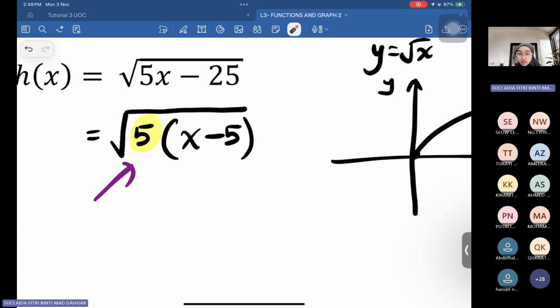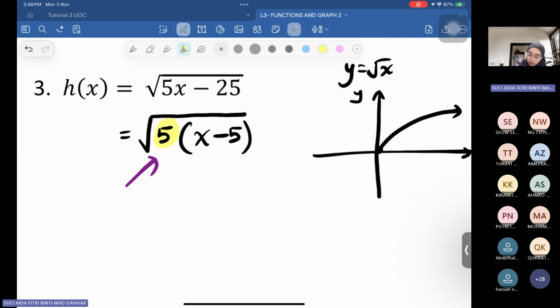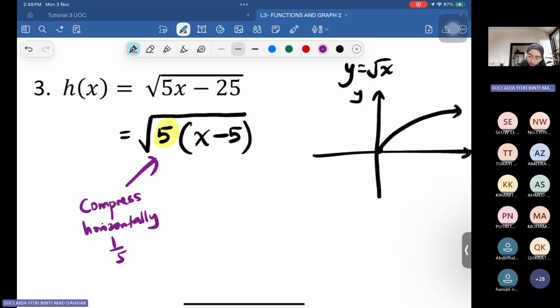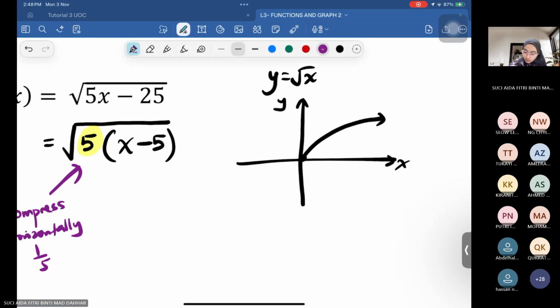X is against the nature, yeah? Multiplying by 5 does not mean it gets larger 5 times. It's the opposite. It becomes a compression. So you compress your graph by 1/5 horizontally. Your graph becomes 1/5 of the original size. What happens when you compress horizontally? It will become like this.